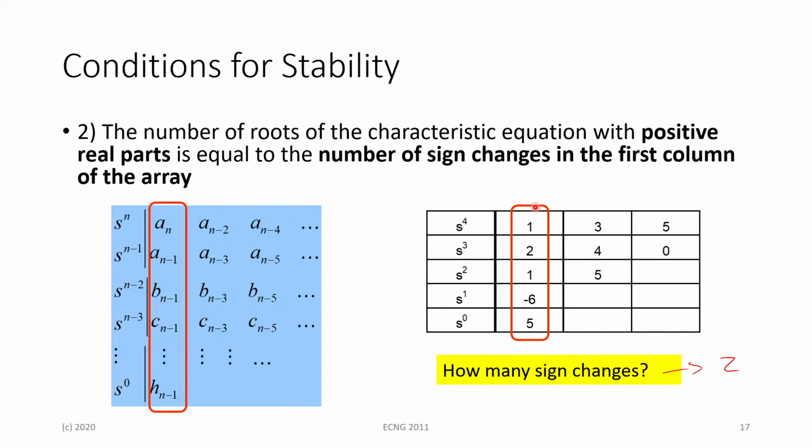Oh wait, no, sorry, I said the wrong thing. Let me clarify that. The number of sign changes refers to the number of poles that are going to be on the right-hand side of the S-plane. My apologies. So if there are no sign changes, that means all the poles lie on the left-hand side of the S-plane. But depending on the amount of sign changes that occur here, that's going to determine how many poles are going to lie on the right-hand side of the S-plane in particular.